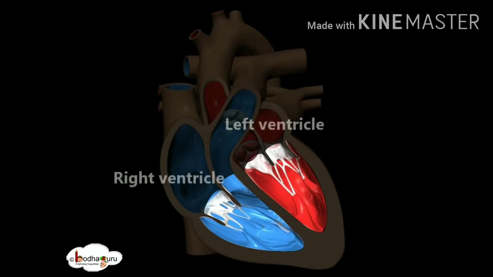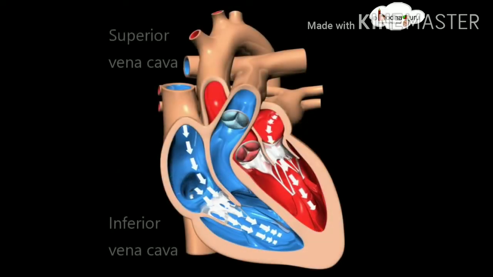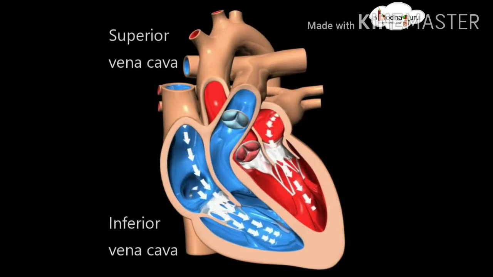And the 2 lower chambers are called the right ventricle and left ventricle. Inferior vena cava and superior vena cava carry deoxygenated blood to the right atrium of the heart.